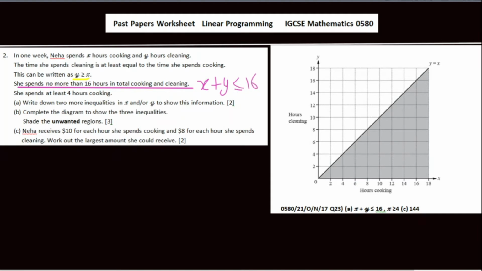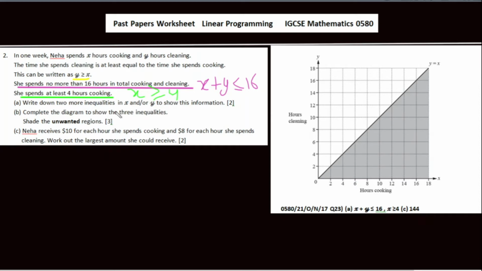And she spends at least 4 hours cooking. Cooking is the value of x. That means x is bigger than or equal to 4. At least 4 hours. Write down 2 more inequalities in x and y to show this information. We've just done that. So this was the answer for part A.